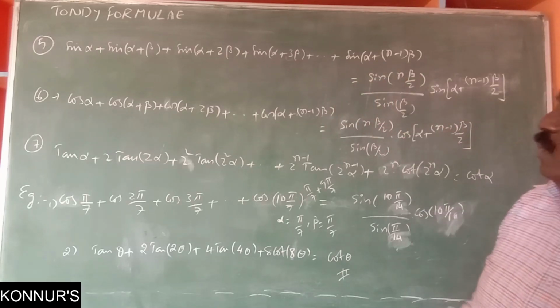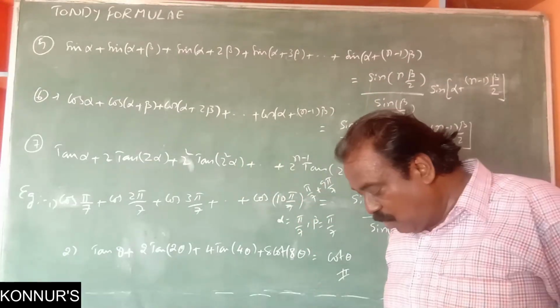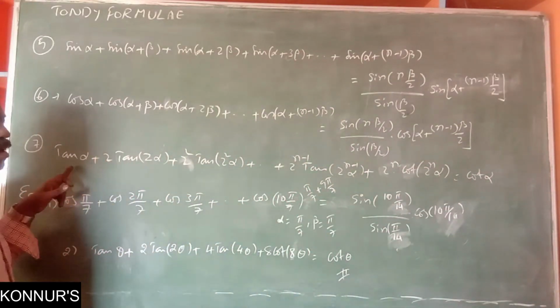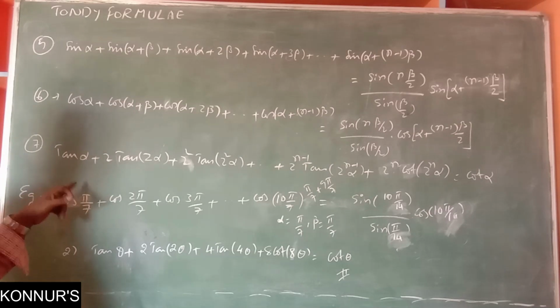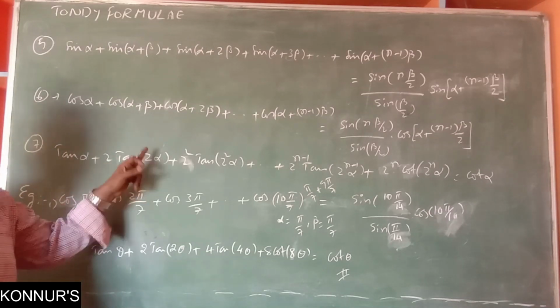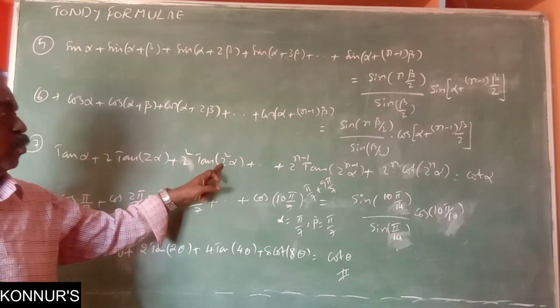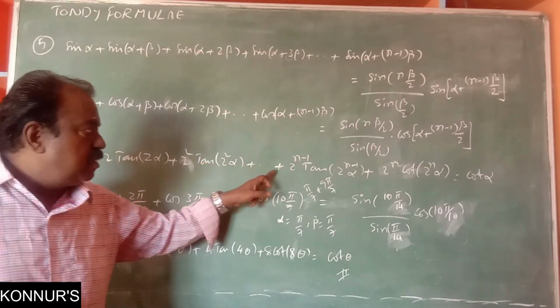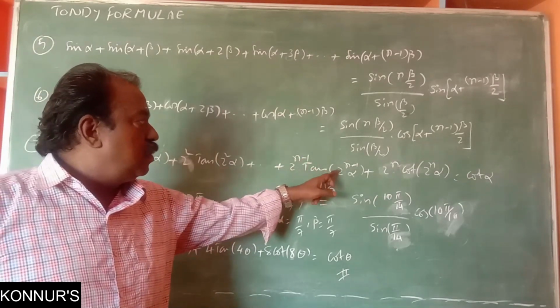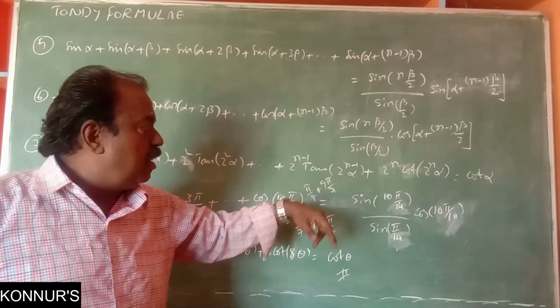Now we go to the seventh one. It is also important, many times asked using this formula. Tan alpha plus 2 tan 2 alpha plus 2 square tan 2 square alpha plus, and so on, 2 power n minus 1 tan 2 power n minus 1 alpha.